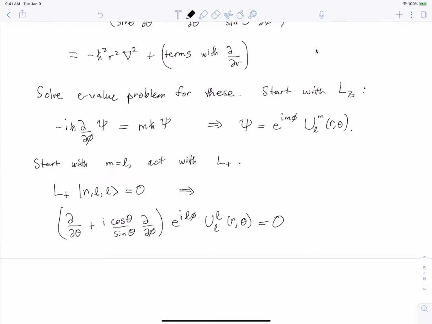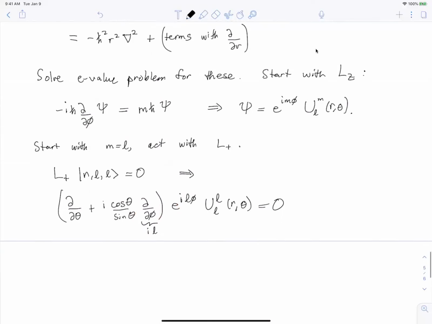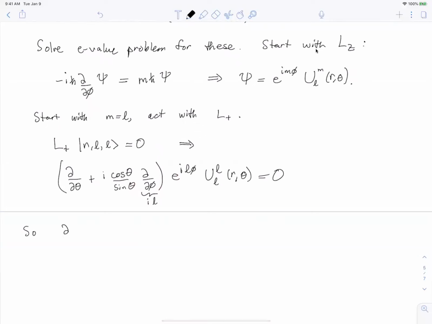Now here's the key trick that we're going to use. We already know what partial phi does acting on this. Namely, it just brings down a factor of i times L. That really came from this equation up here. So we can just replace partial phi by i times L. And so we get partial theta minus L cosine theta over sine theta, acting on e to the i L phi u_LL, equals 0.